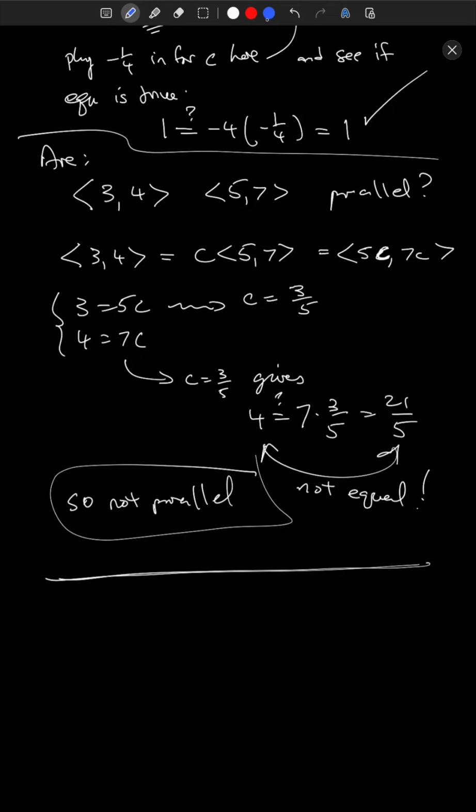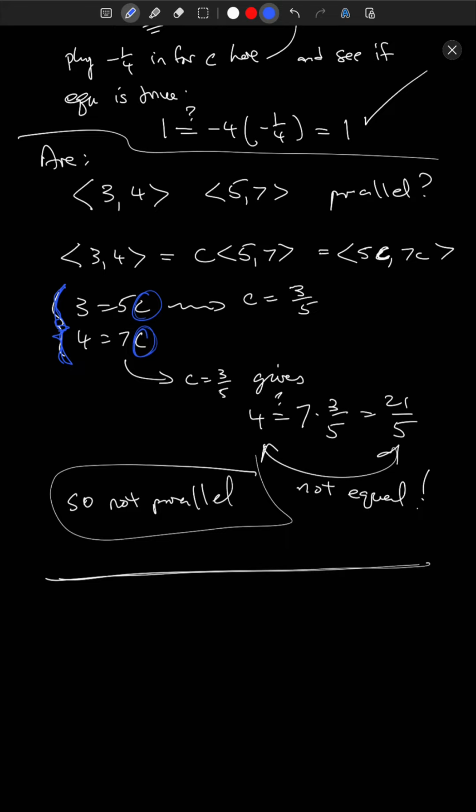By the way, notice the general principle here. We have two equations and one unknown c. So in general, there's going to be no solutions, which is what we saw here. There's no solution to this problem because 4 was not equal to 21 over 5, and so they're not parallel. What that tells you in general is that it's very hard for two vectors to be parallel.